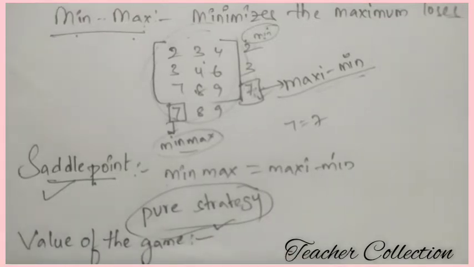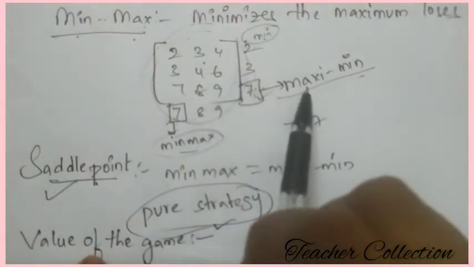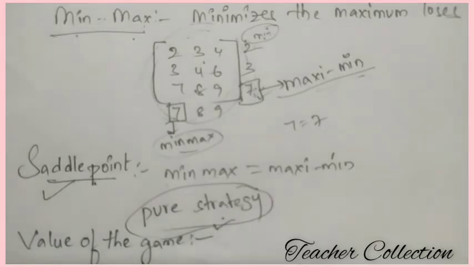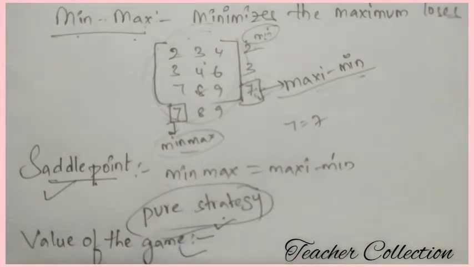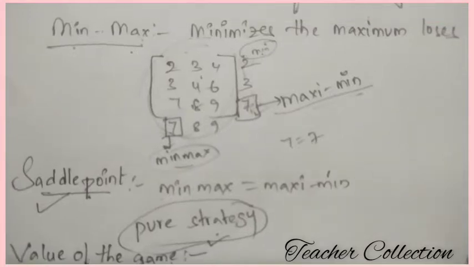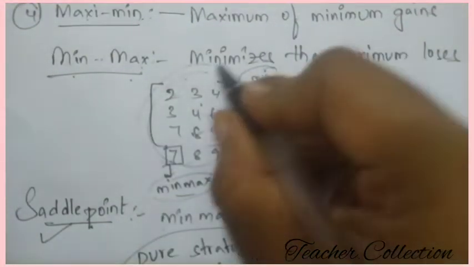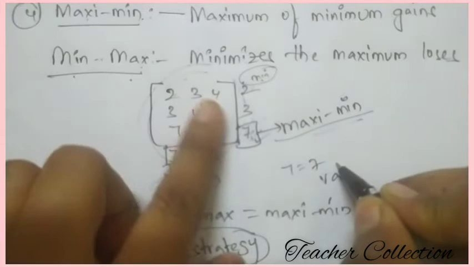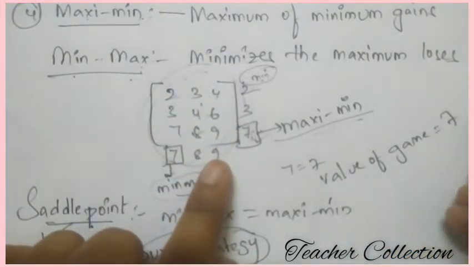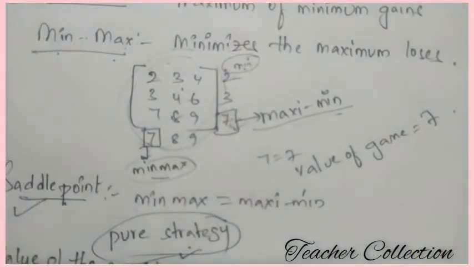It is very simple. If the game has a saddle point, it is a pure strategy, and the value of the cell at the saddle point is called the value of the game. Here in this payoff matrix, the value of the game is 7.